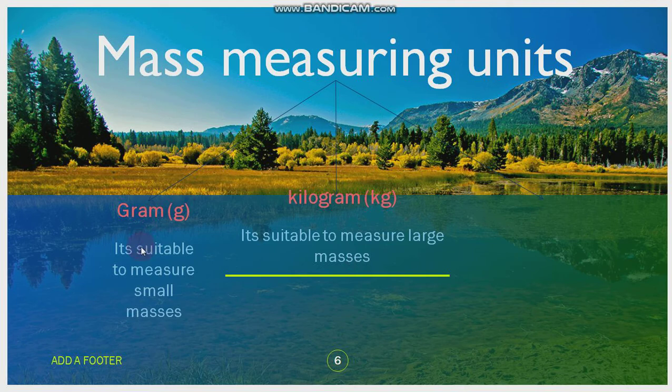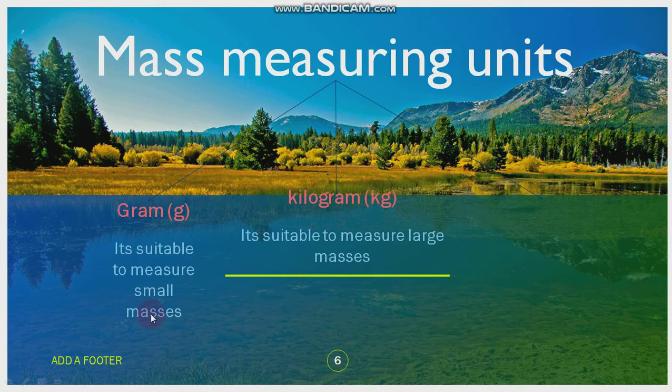So I can use kilogram with common balance because common balance measures large masses like fruits and vegetables. And I can use gram with sensitive balance because sensitive balance measures tiny or small masses.